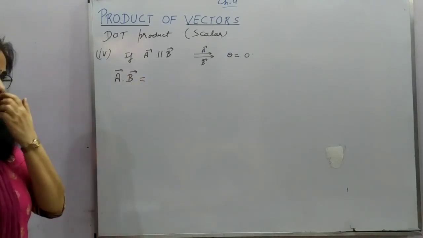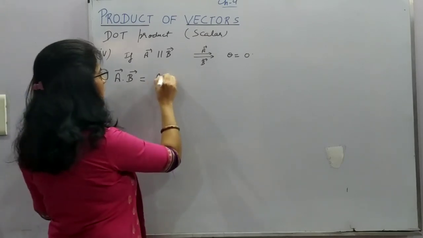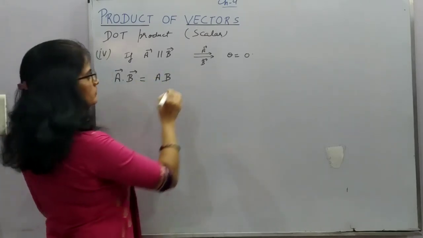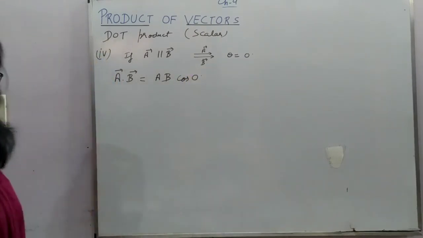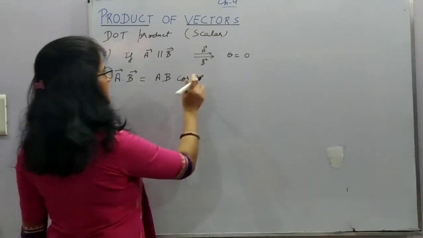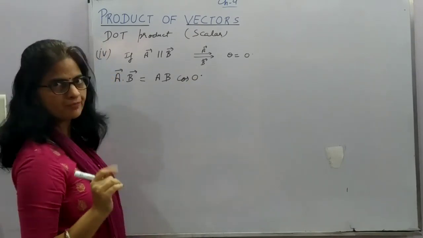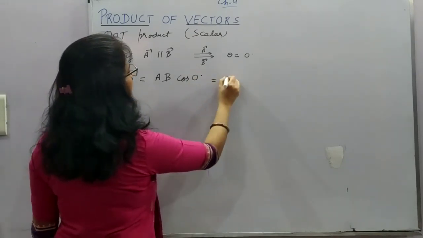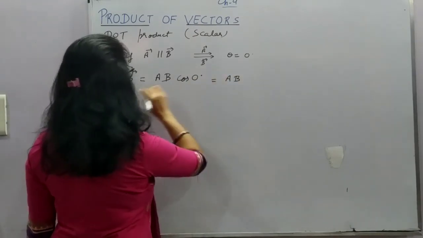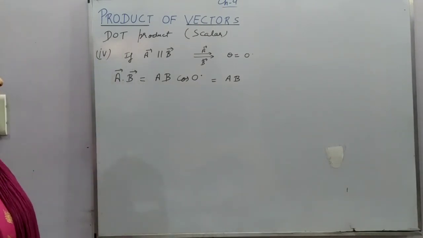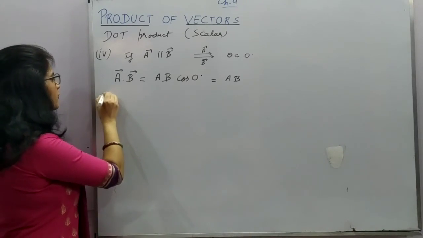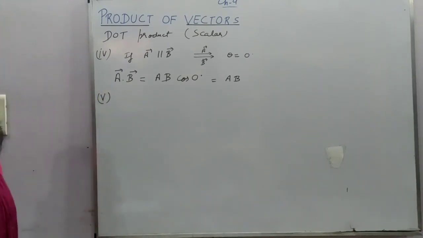A dot B vector is equal to magnitude of A, magnitude of B, cos of 0 degree. Right? So we can say cos 0 is how much? 1. So I can write down A dot B is equal to AB if these vectors are parallel.